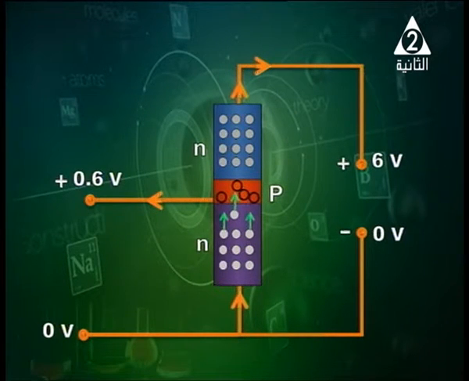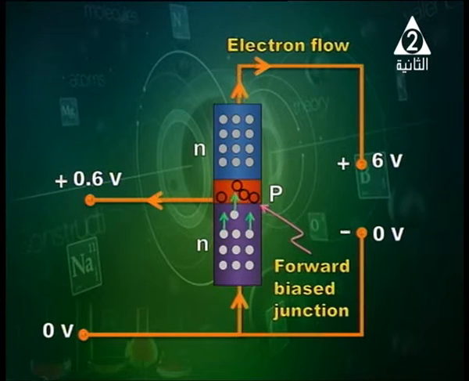You remember, base is made of P-type, so it contains holes. Some electrons from the emitter recombine with the holes found in the base. In this case, the junction between emitter and base is forward biased.